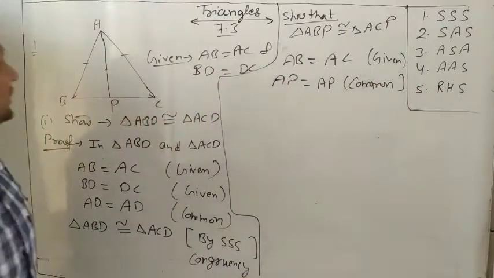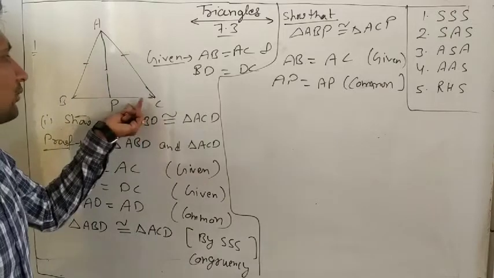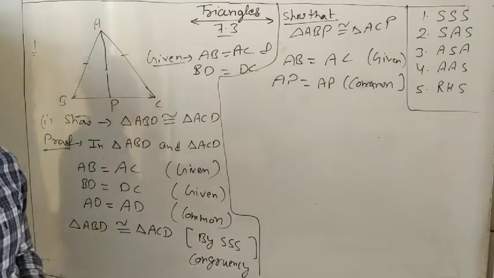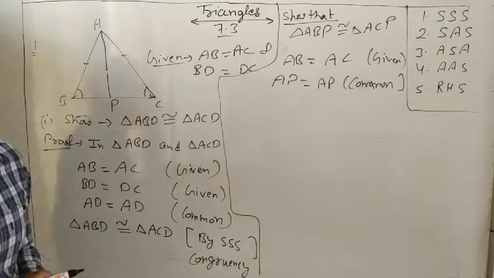And next, which one is equal? This side equal to this one. Can you say that about BP and PC? We don't know. But what about angle B equal to angle C?